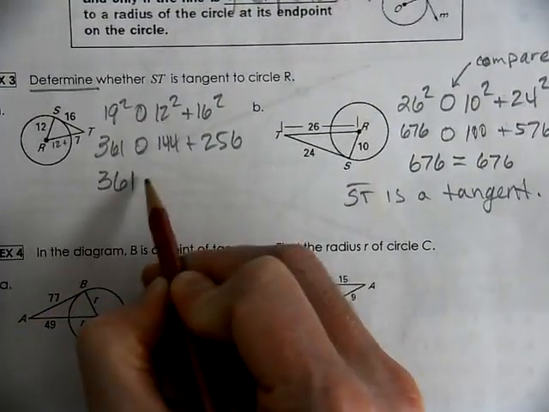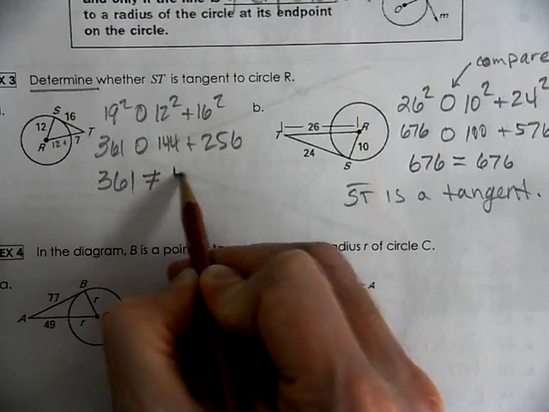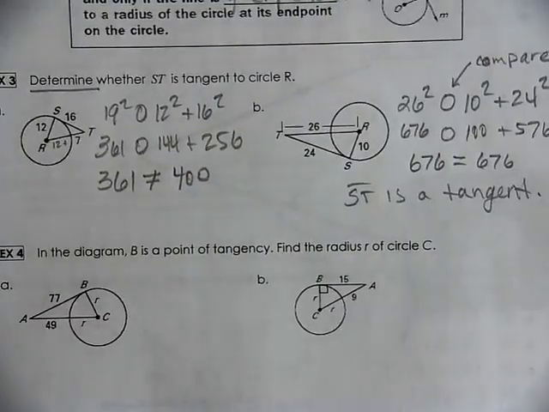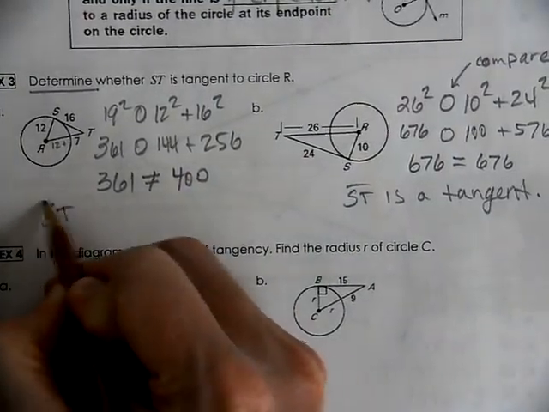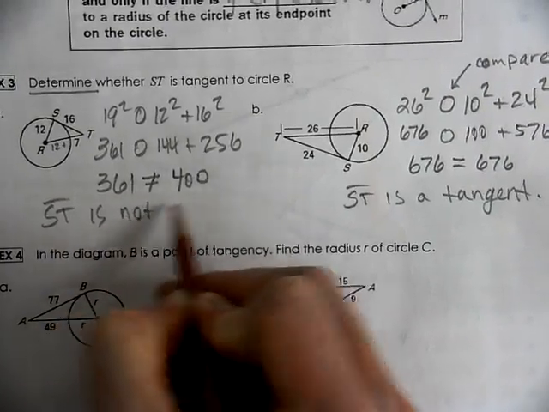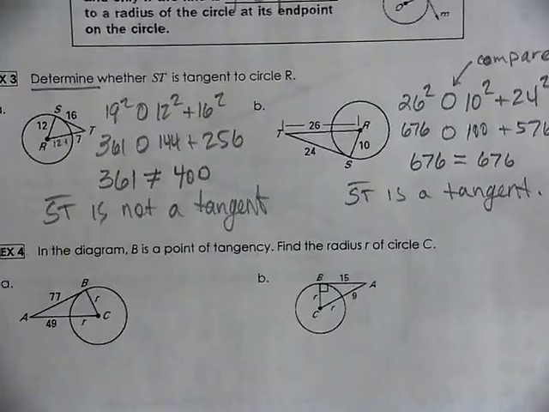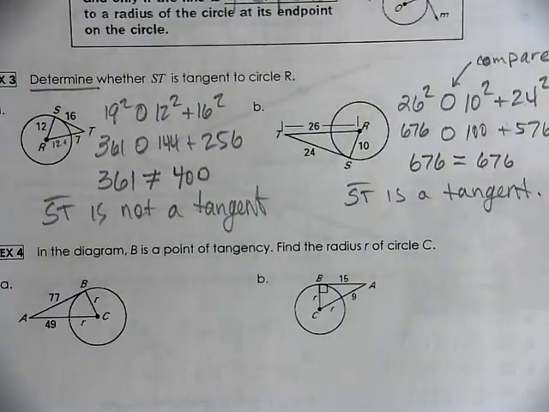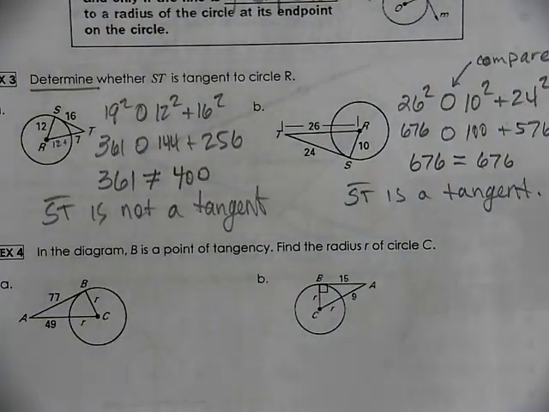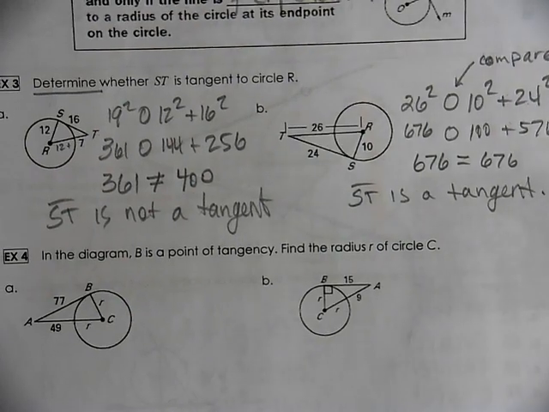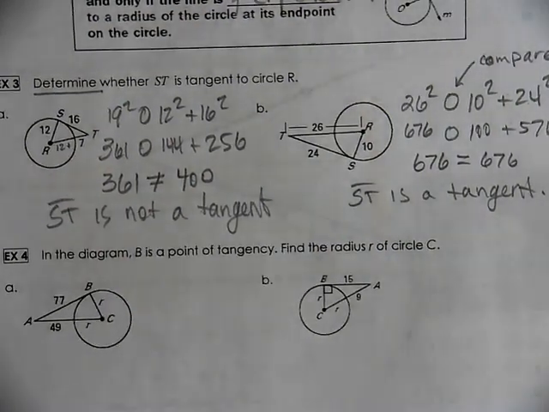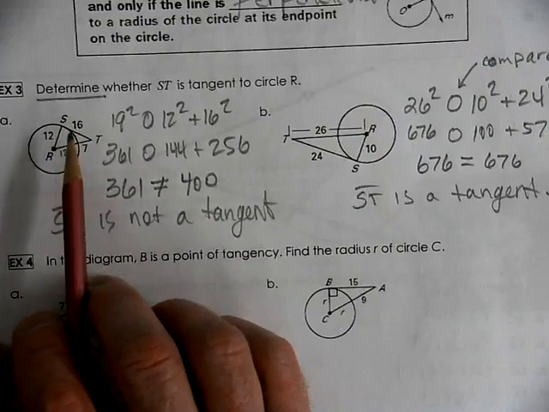That gives us 361 that does not equal 400. So ST is not a tangent. This did not form a right angle. The radius is not perpendicular to the tangent line.